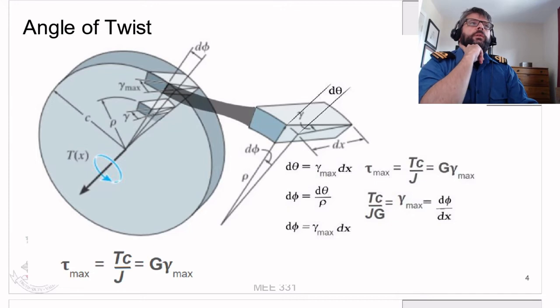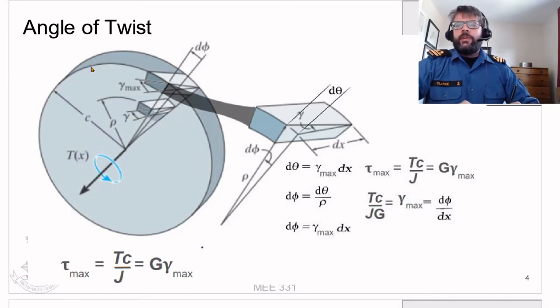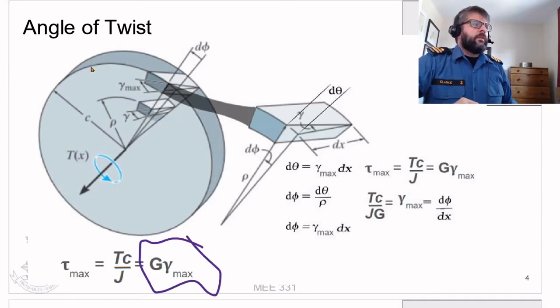Okay, so if we know the stress that's arising due to our torque, we also know the shear strain that's arising due to our torque, because they're proportional to one another, related by our shear modulus.